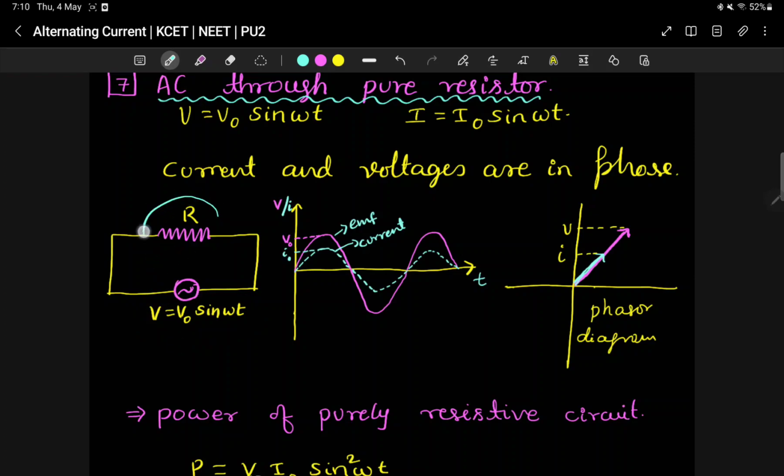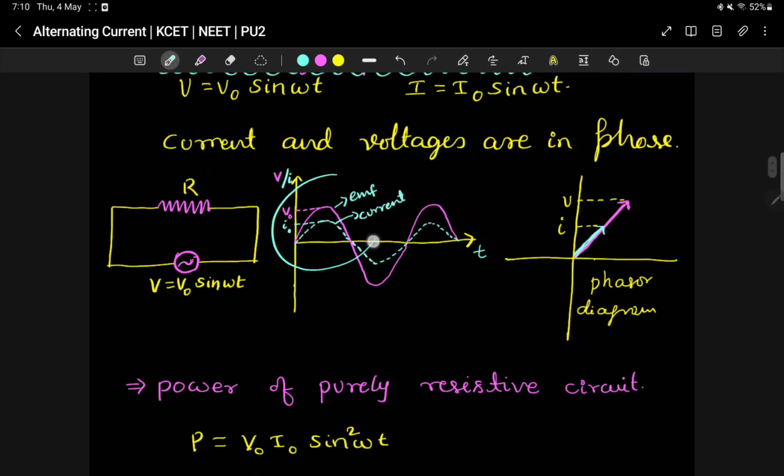Because of that there will be a current passing through it. How much is that? That we need to calculate. It is given by I = I₀ sin ωt. See, V = V₀ sin ωt and I = I₀ sin ωt. Is there any phase difference between these two? No. So there is no phase difference between current and voltage.